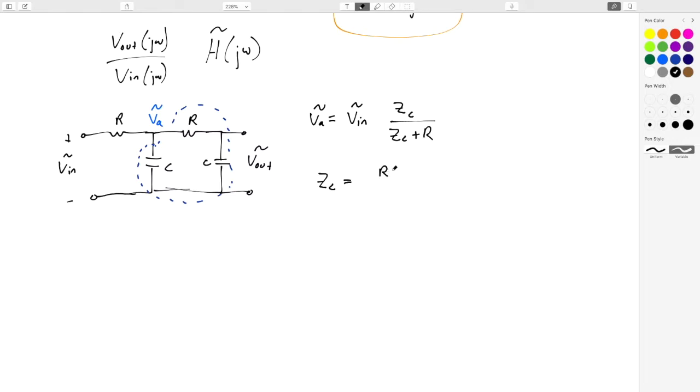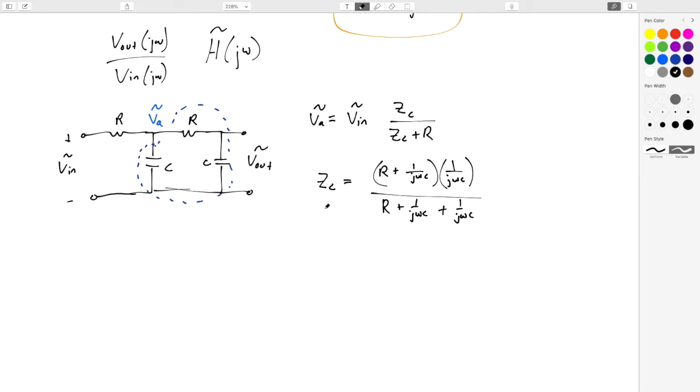So it'll be R plus 1 over j omega C, times 1 over j omega C, over R plus 1 over j omega C plus 1 over j omega C. So that's this combo in series in parallel with this single value on its own. So this actually won't be too bad, right? Let's make the whole thing over 1 over j omega C, might as well.